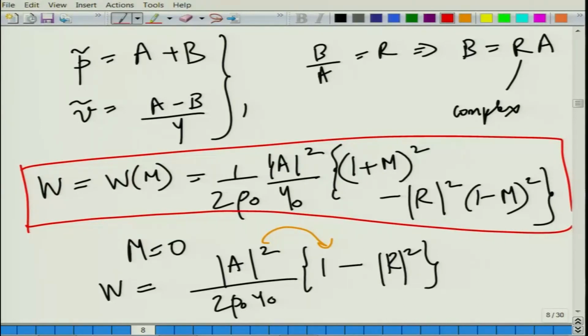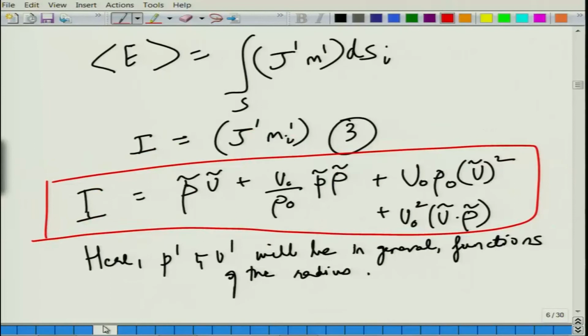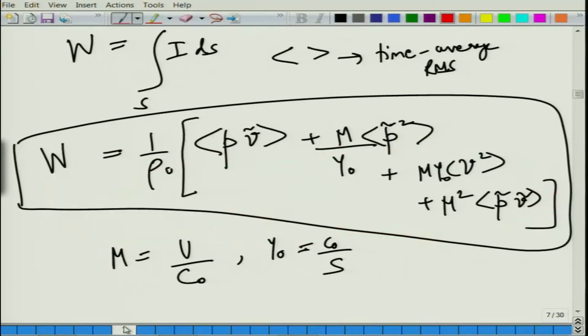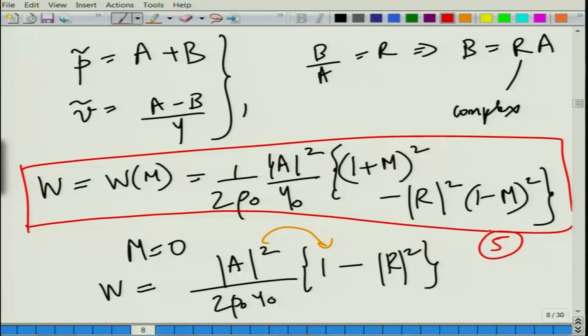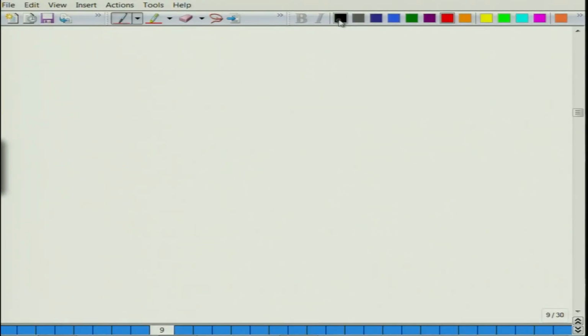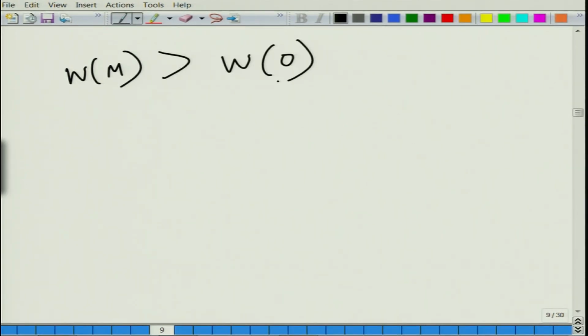As we see here from this particular expression, let me call this 3, this is 4, this is 5. From 5 we get to see that W m, the acoustic power radiated out of a duct which is carrying a non-zero mean flow, is in general greater than the acoustic power radiated out of the duct when you do not have any mean flow at all.